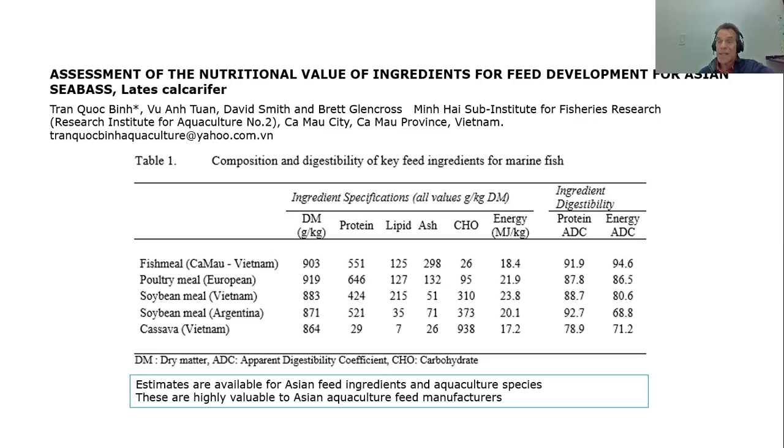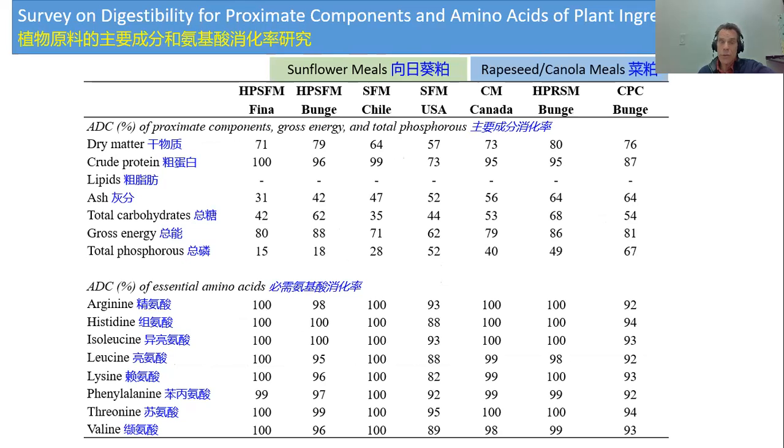This information is extremely valuable, especially given the fact that it was done on local Asian fish species, Pangasius catfish, right, on local feed ingredients or imported feed ingredients available in Asia. This is the kind of information that we need to support the industry.